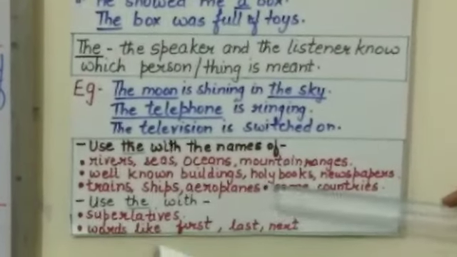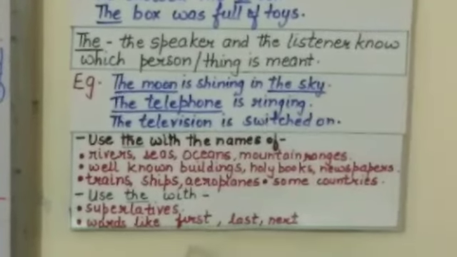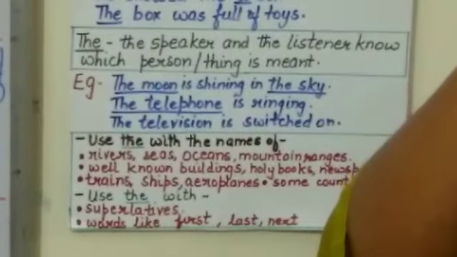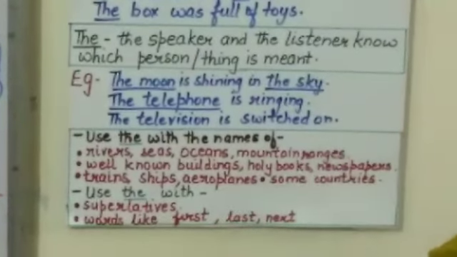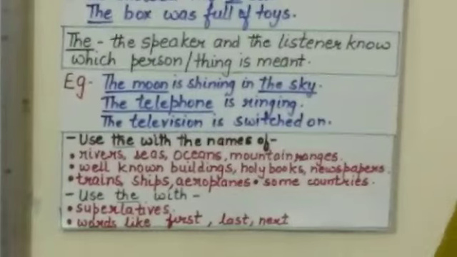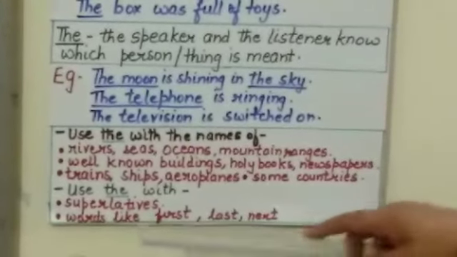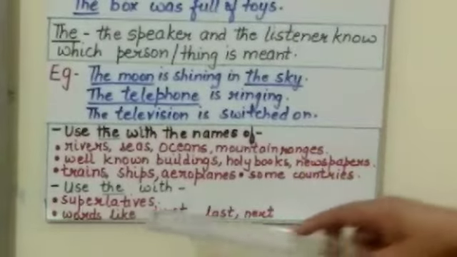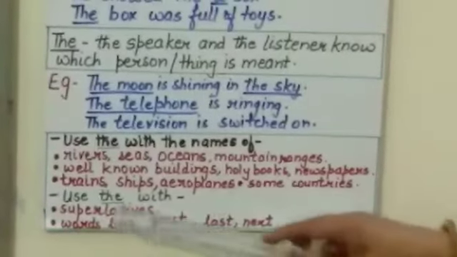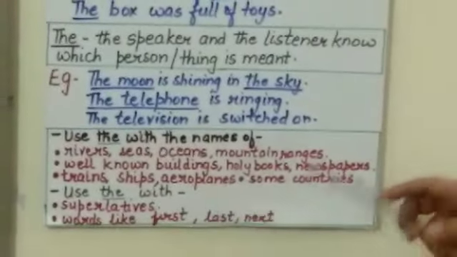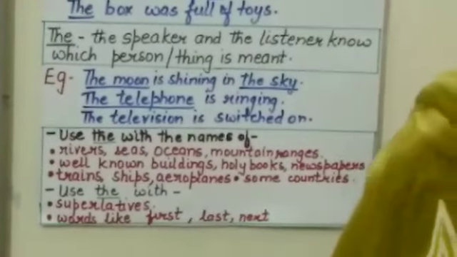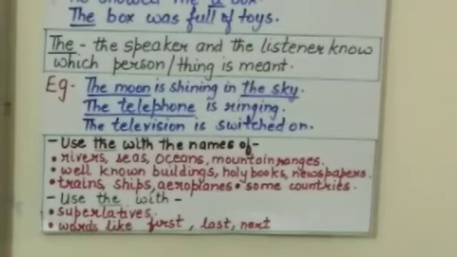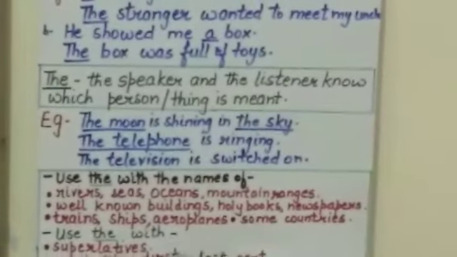Well-known buildings, holy books and newspapers. Well-known buildings, the Gateway of India. Holy books, the Gita, the Quran, and names of newspapers, the Times of India. So wherever we write the. Trains, ships, aeroplanes. Trains, the Rajdhani Express, name of a ship or name of an aeroplane.